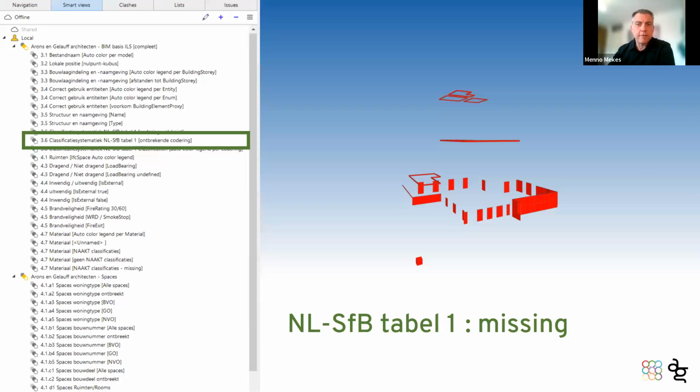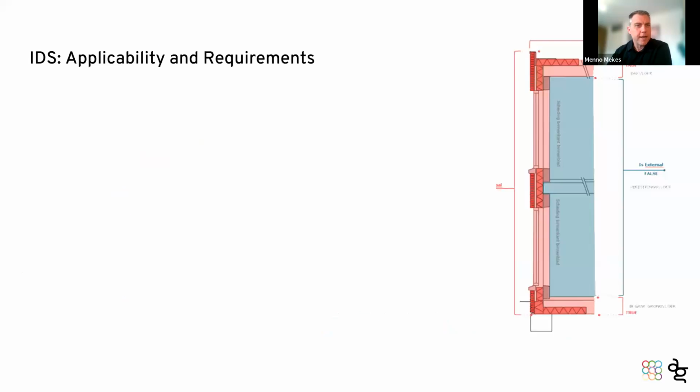And from there on, I need to manually create issues for the modelers to fix this. But that's where the IDS standard comes into play. An information delivery specification contains, besides a description, applicability and requirements. Now, here a requirement applies to an element.